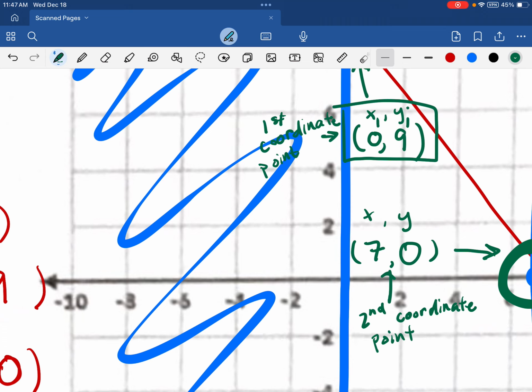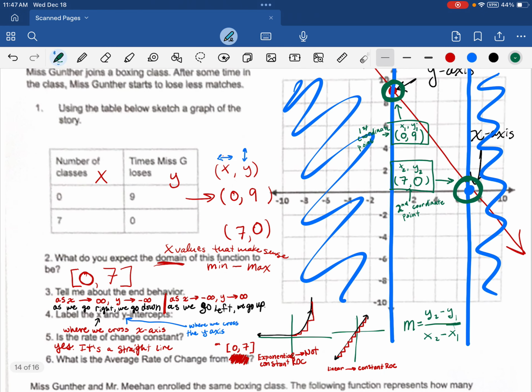I think I might have spelled that wrong, but that's fine. Since this is our second coordinate point, I'm going to put an x2 and a y2. Now, for the rest of this problem, all I have to do is figure out what goes where inside this equation.